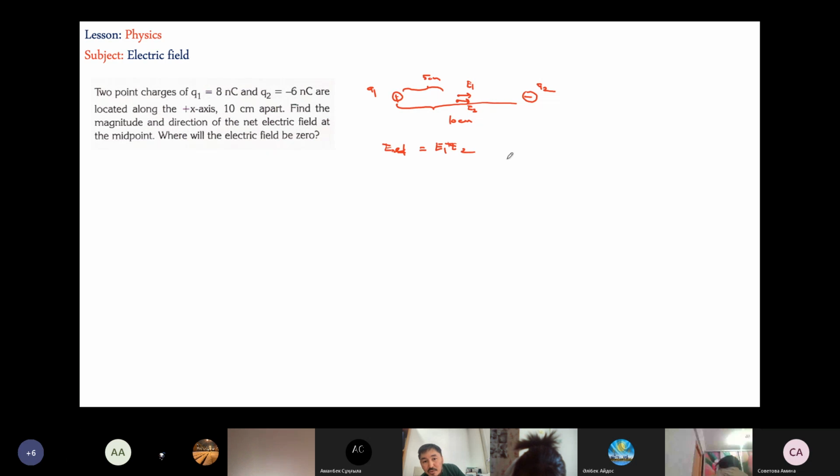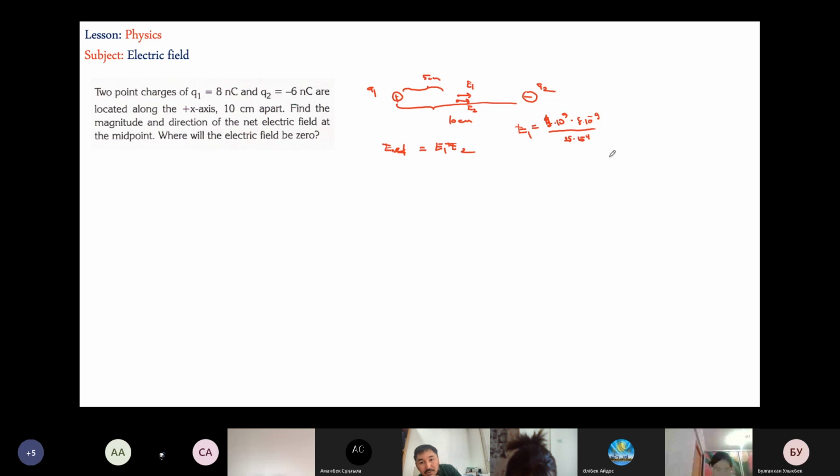Now let's find E1 and E2 separately. E1 first: K times Q1 over r squared. K is 9 times 10 to the power of 9. Q1 is 8 times 10 to the power of minus 9, because nano coulombs. And over 10 centimeters, we need the half, so 5 centimeters. 5 times 10 to the power of minus 2, squared, gives 25 times 10 to the power of minus 4.